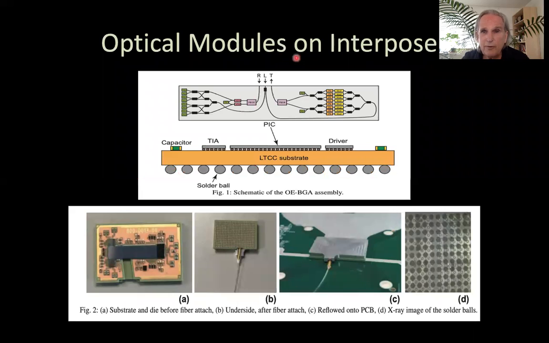Looking at optical modulators on interposers, we call these optical modulators now interposers, the idea being that we have a layout on here, a silicon photonic chip. We have transimpedance amplifiers, we have drivers, we have other things that are hooked to a ceramic, perhaps, or other kind of substrate.